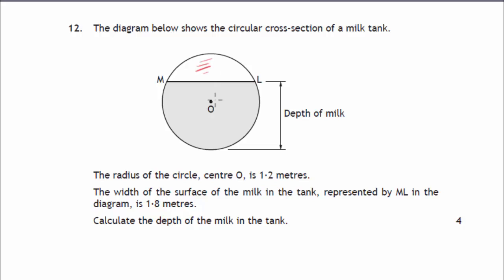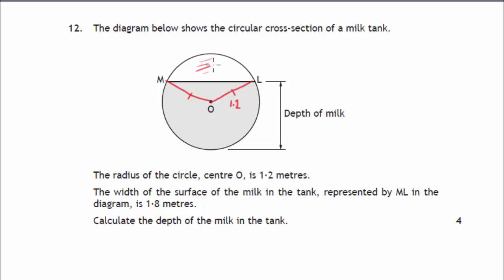Now, you'll remember if we create a triangle, which isn't the best drawn, in which two of the sides are the size of a radius, we've got two sides the same, so an isosceles triangle. The radius of the circle is 1.2, and the m to l is 1.8.